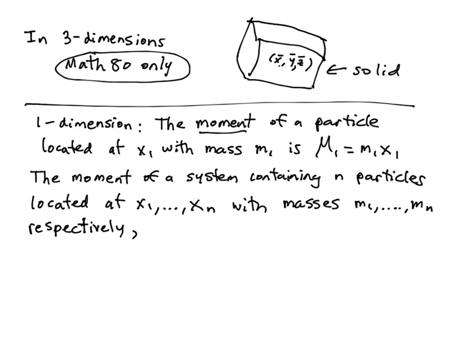when you have a bunch of these guys, all you have to do is add them all together. So the moment of a system containing n particles located at x1 to xn with masses m1 to mn respectively is the sum of all their moments.